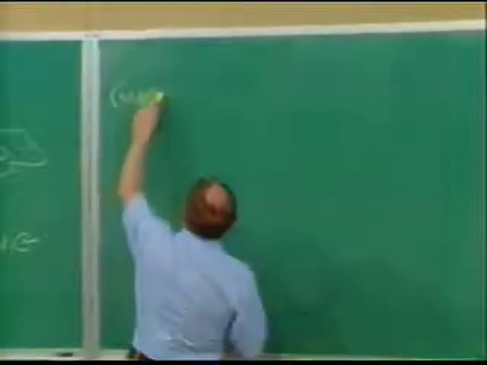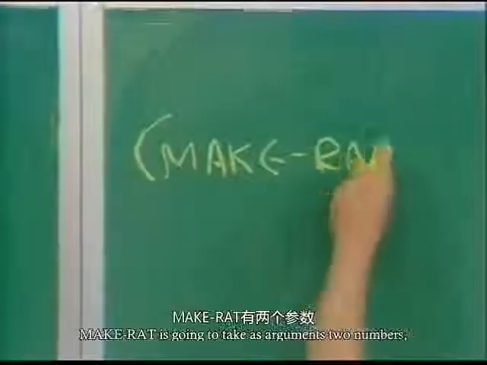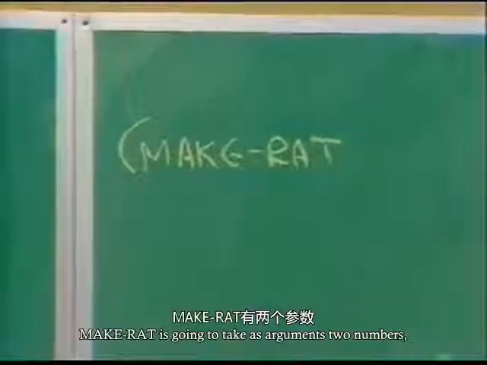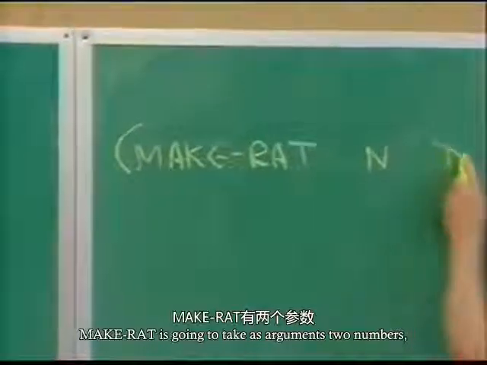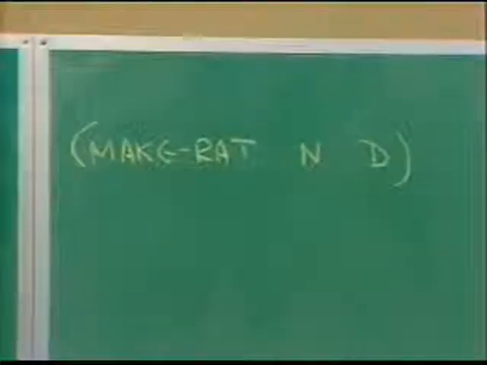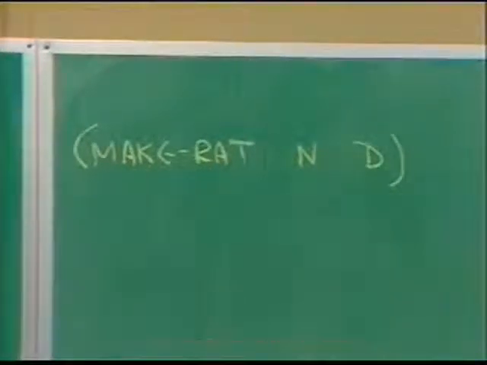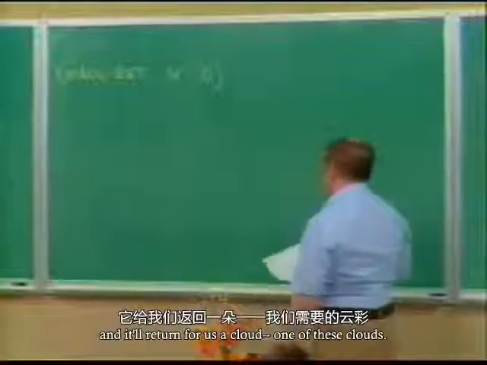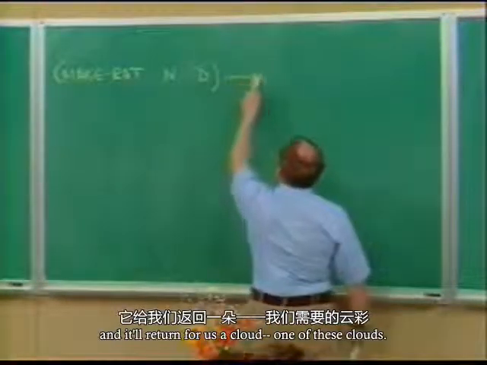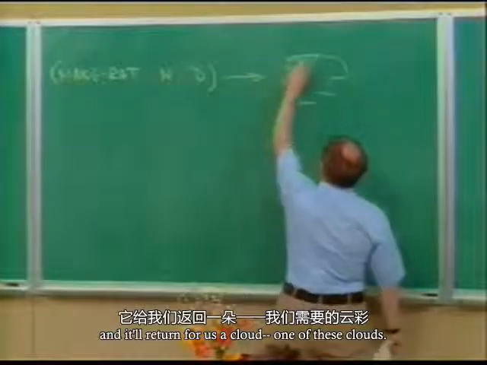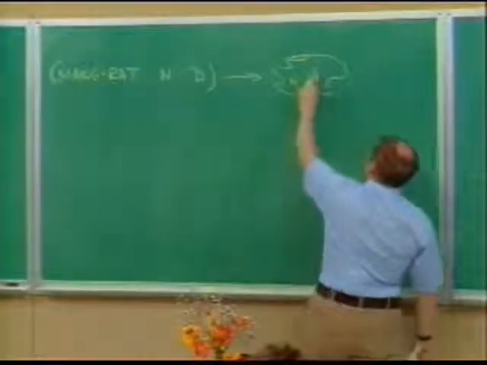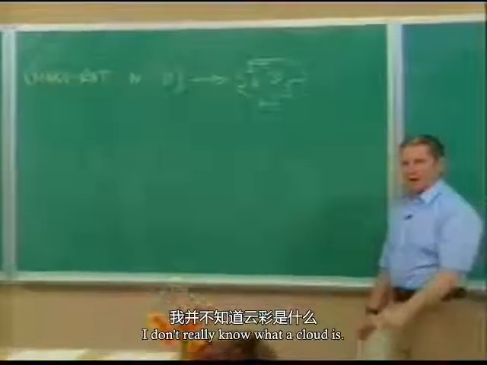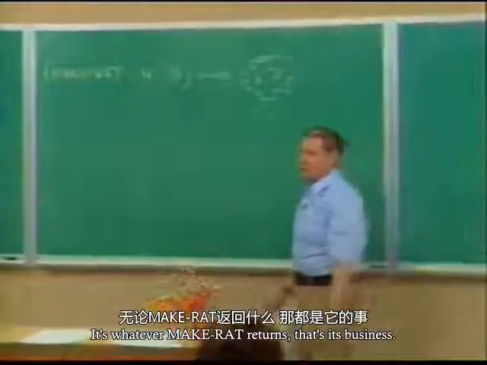One called makeRat. makeRat is going to take as arguments 2 numbers, which I'll call numerator and denominator, and it'll return for us a cloud, right? One of these clouds. I don't really know what a cloud is. It's whatever makeRat returns. That's its business.